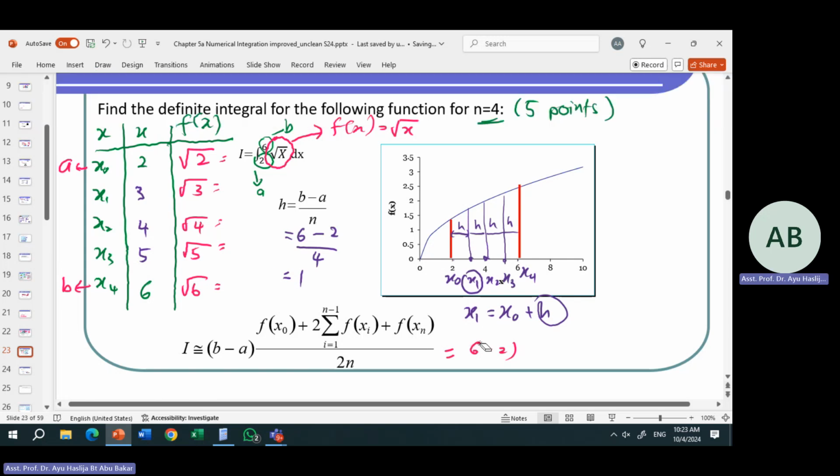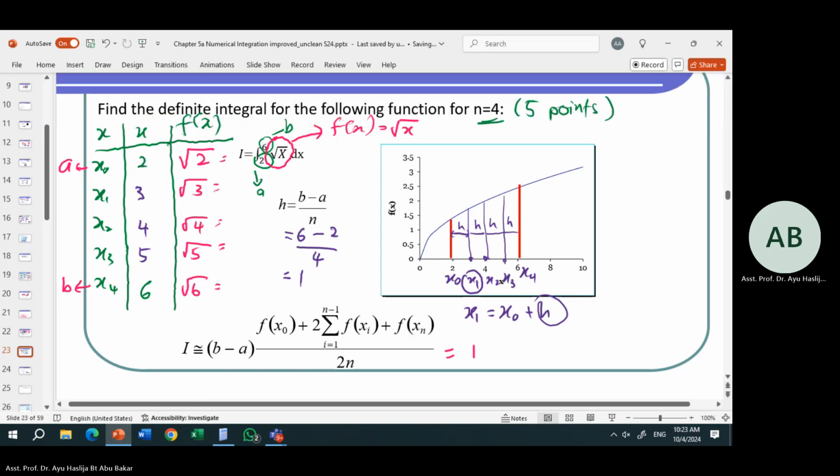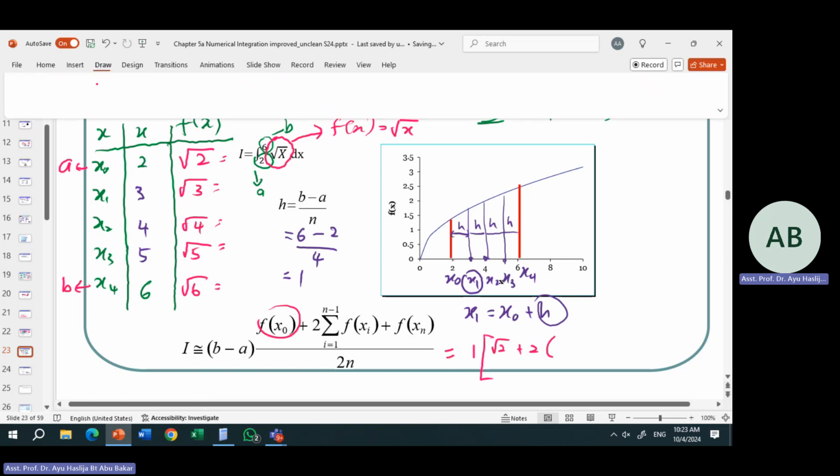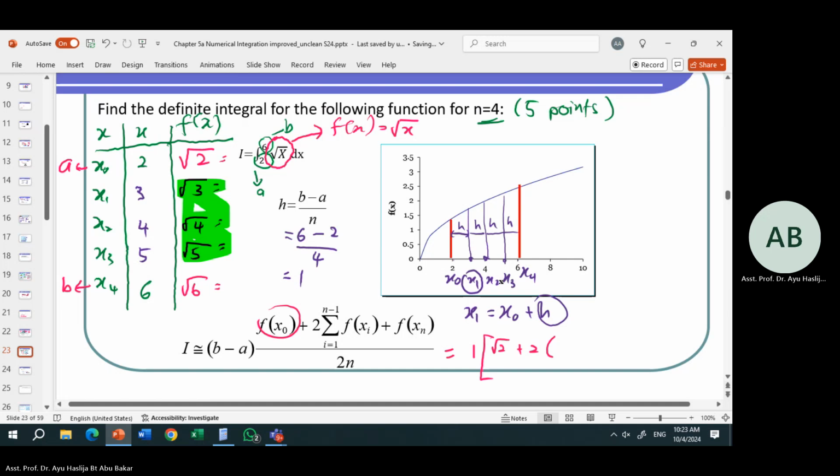Now let's just use the h value. 1, then multiply your fx naught is set 2. Okay, plus 2 multiply the summation of the intermediate. Okay, now intermediate is this part only. Set 3, set 4, set 5. The intermediate.